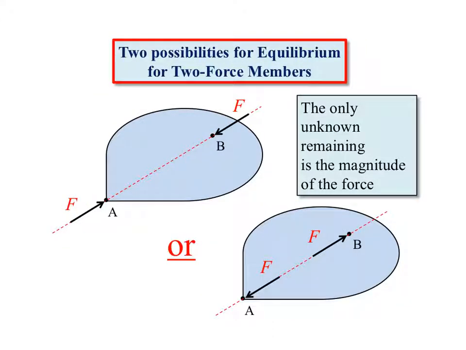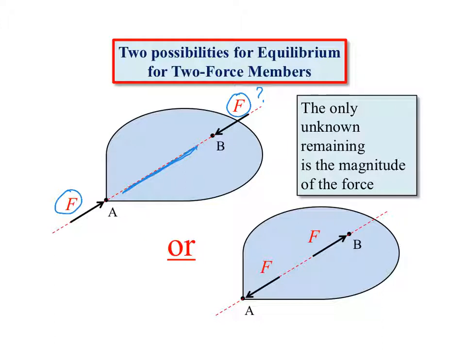So from our three equilibrium equations, we find that the forces at A and B have to be equal in magnitude, opposite in sense, and have to have the same line of action, and that lies between the 2 points where the forces are applied, in this case A and B. And then we have one unknown. We don't know what the magnitude of that force is, but equal in magnitude, opposite in sense. And so there's two possibilities.